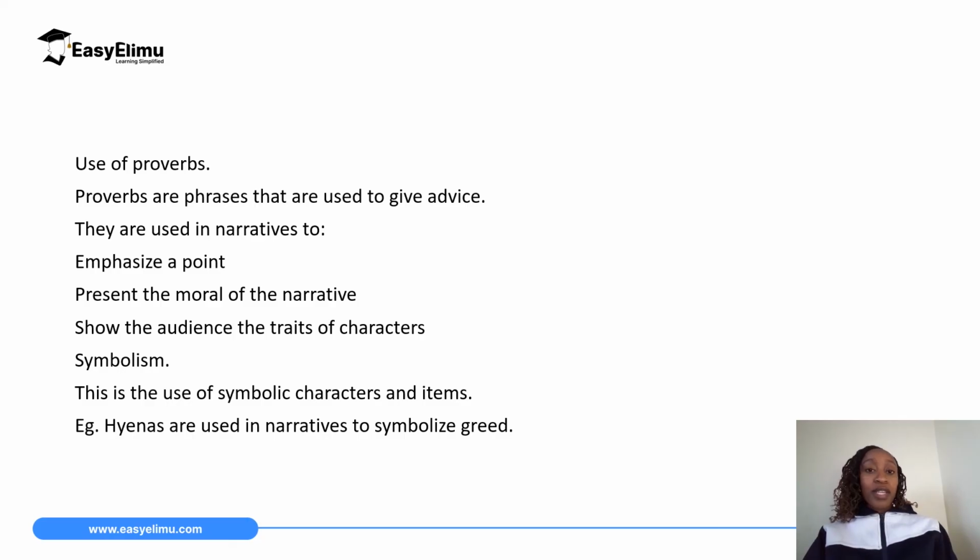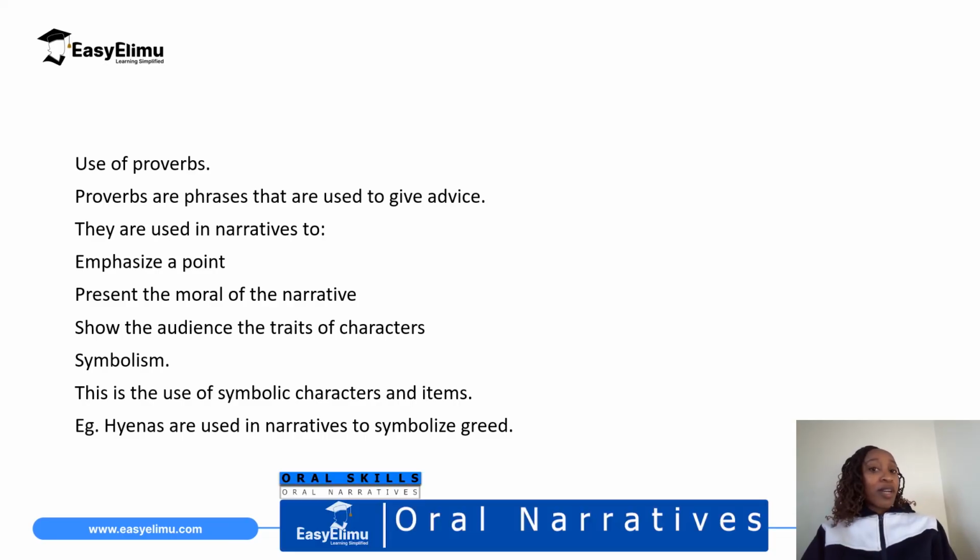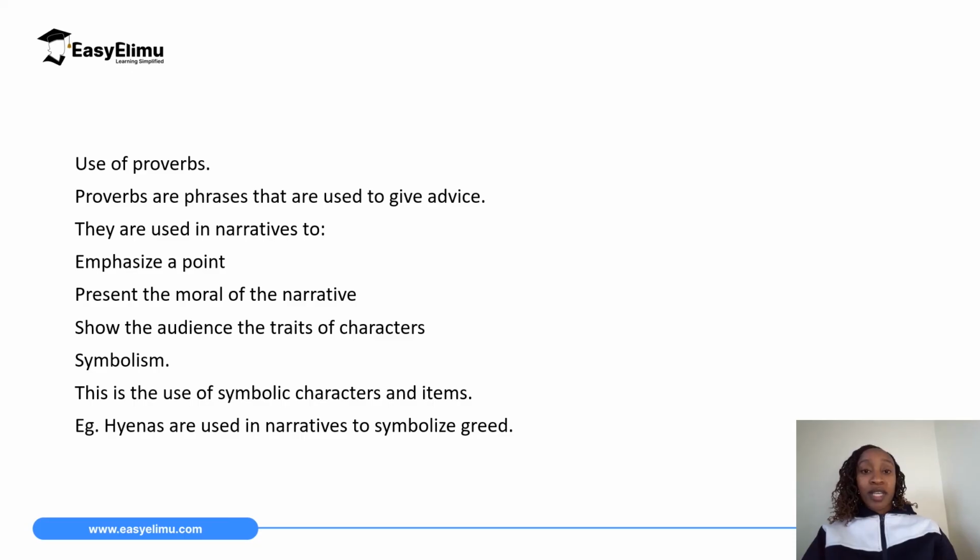For example, hyenas are used to symbolize greed. So when you say Muga was a hyena, that is symbolic, to symbolize that he was greedy. When you use maybe lions are used to show bravery. So symbolism also brings out emphasis of whatever it is that you're trying to say.